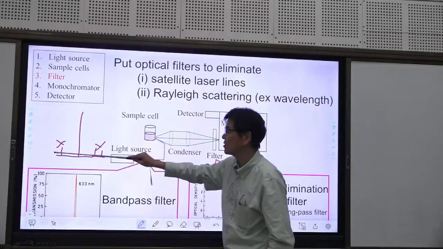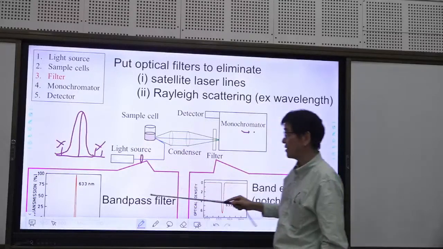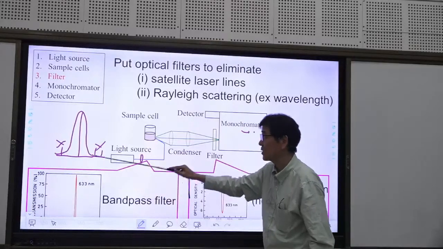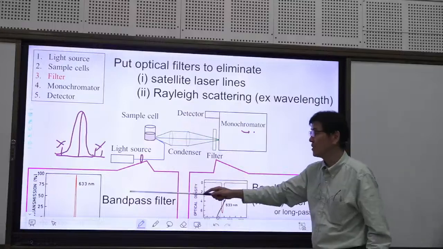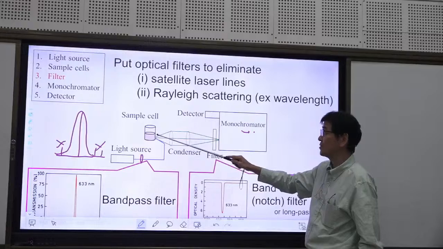So let's put a filter and cut these unnecessary lines. This is bandpass filter, only passes 633 nanometer. Then purified 633 nanometer is irradiated to sample cell.